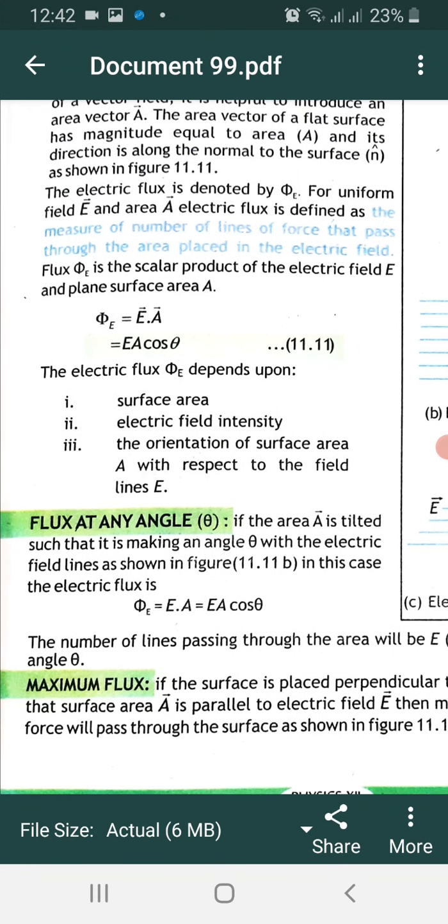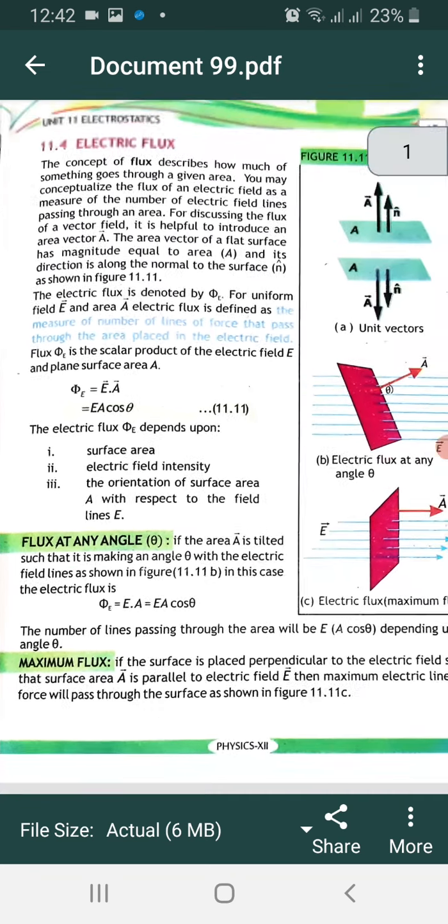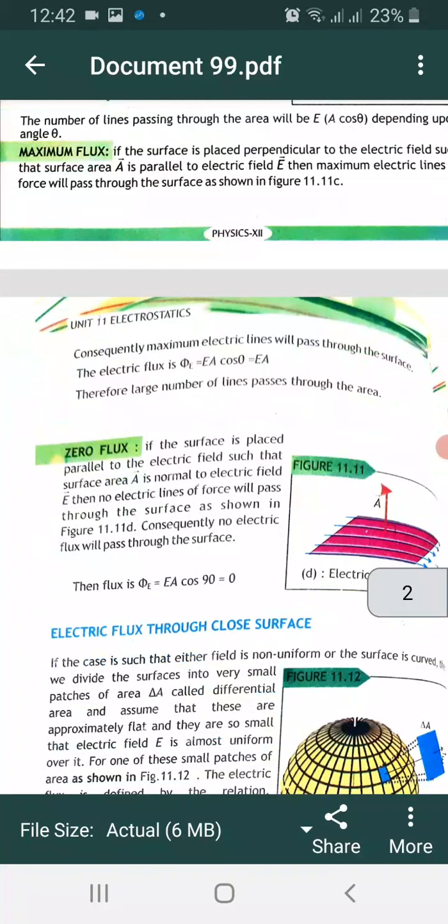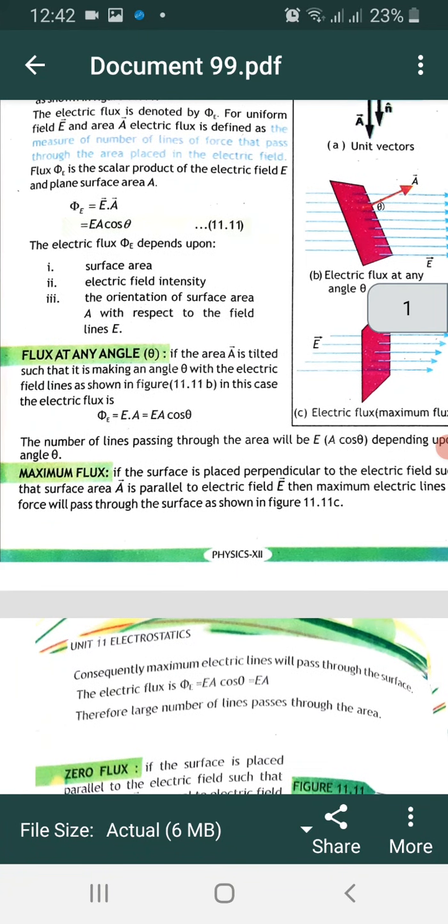So here we have different cases. Flux at any angle theta, he has already discussed at arbitrary angle, maximum flux, and we have another case, zero flux. So the first figure B represents the flux at any angle. According to that, electric flux is simply equal to E dot A, which is equal to E A cos of theta.